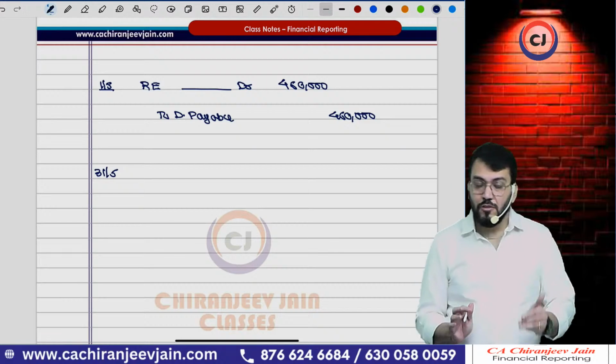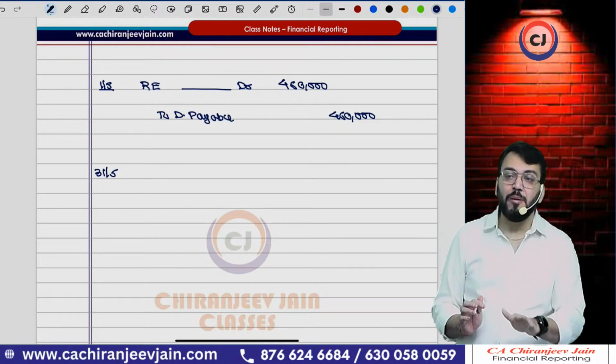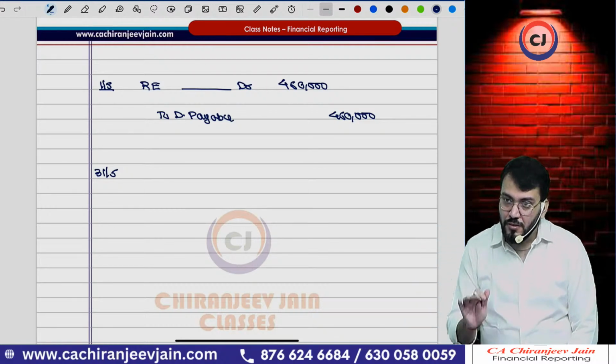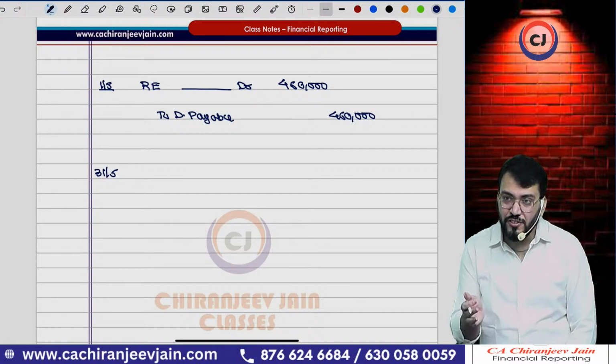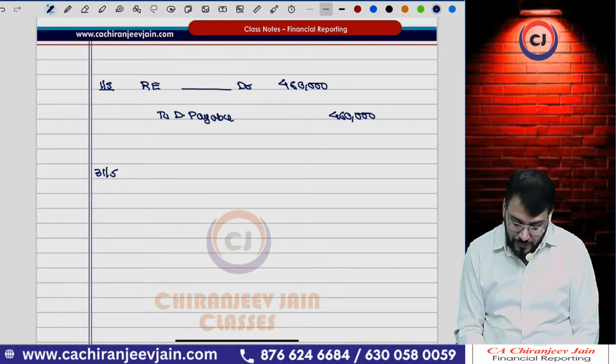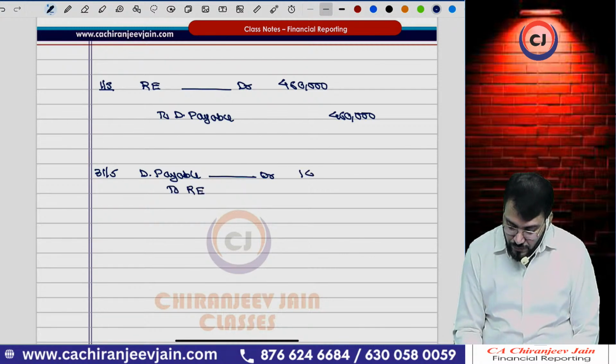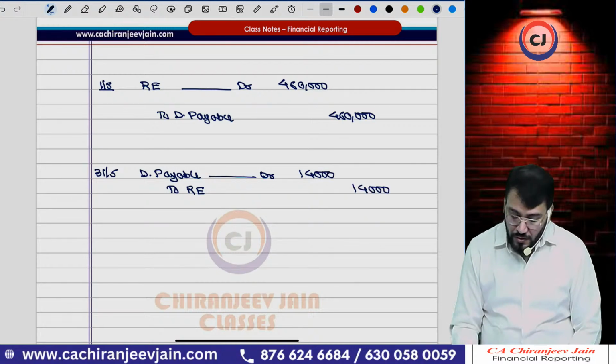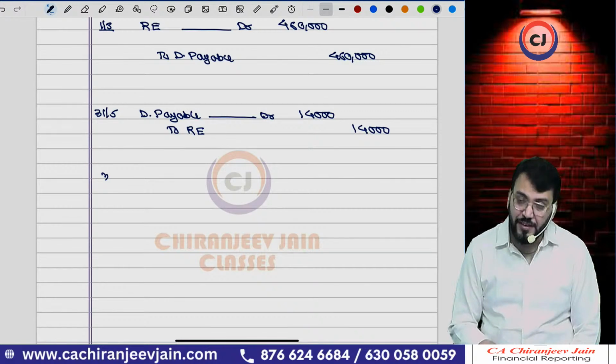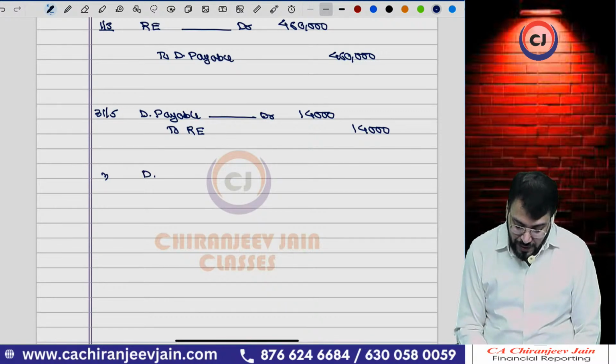So now as per the current scenario, dividend payable becomes how much? 4 lakh 46,000. So you need to decrease the dividend payable. So dividend payable account debit to retained earnings, how much? Decrease by 14,000. Now you will do the distribution journal entry. So dividend payable how much?